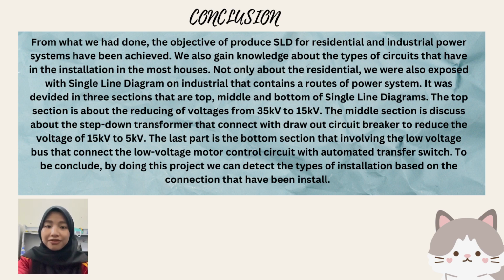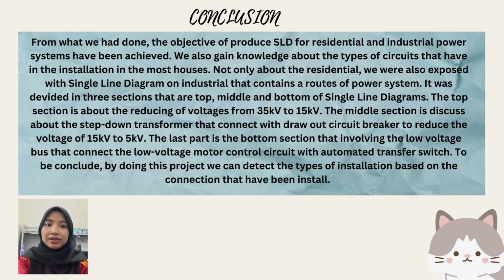From what we have done in this assignment, grouping and doing the report, the objective of producing single line diagrams for residential and industrial power systems has been achieved. We also gained knowledge about the types of circuits that are in the installation in most houses.